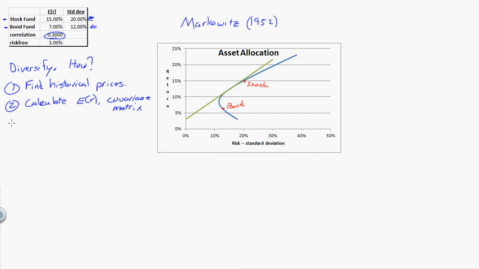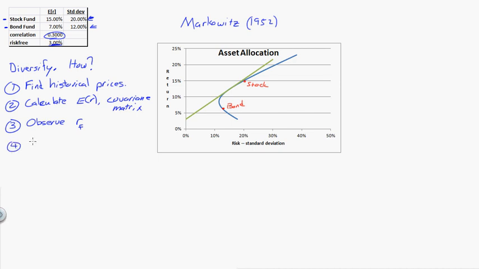The next thing we need to do is say that we have a risk-free asset. So next thing we need to do is observe the T-bill. We'll say the T-bill is risk-free. We can argue about that later. Observe the risk-free asset, which in this case gives a return of 3%.